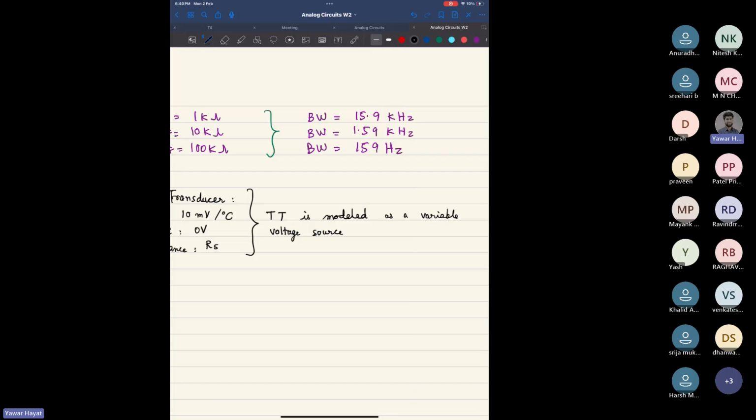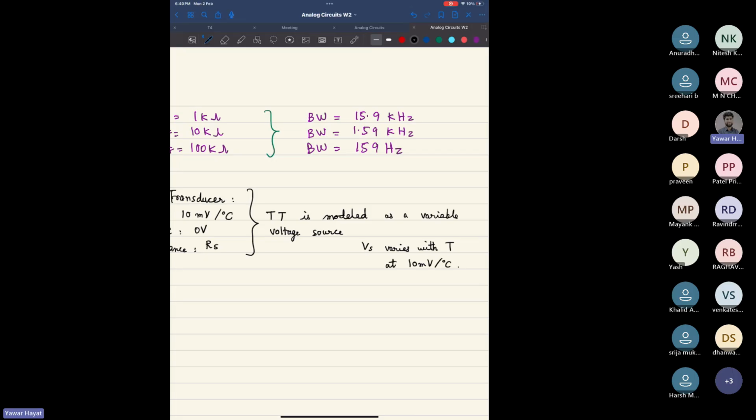And where your Vs varies with T at 10 millivolt per degree Celsius. Okay, this is how your Vs varies with temperature.